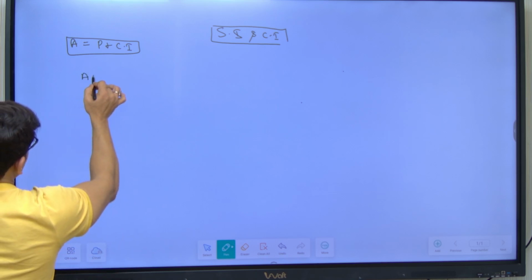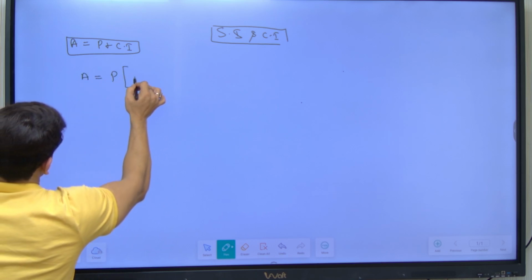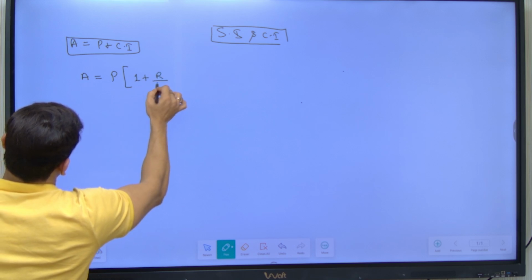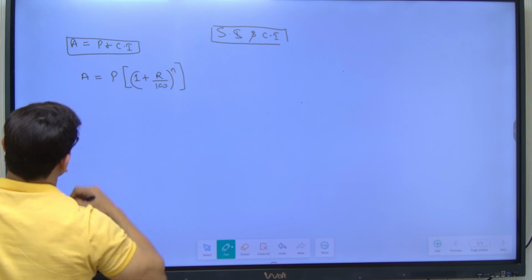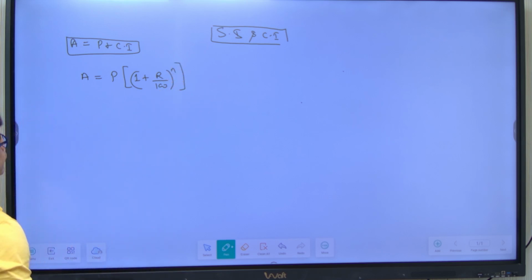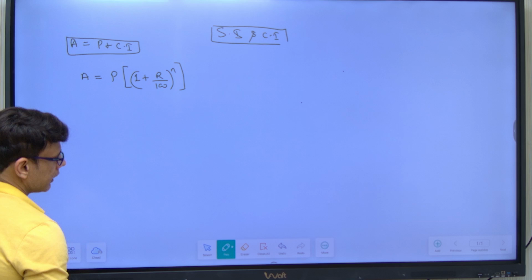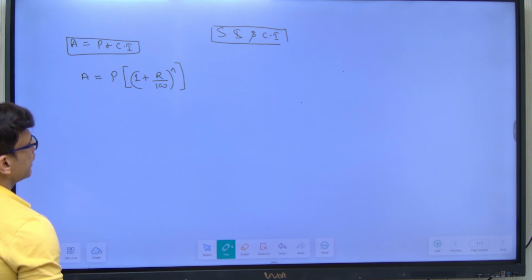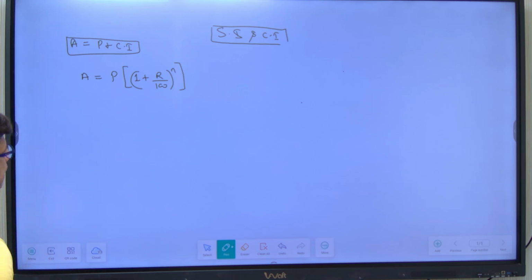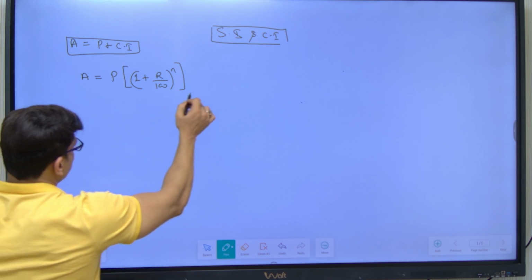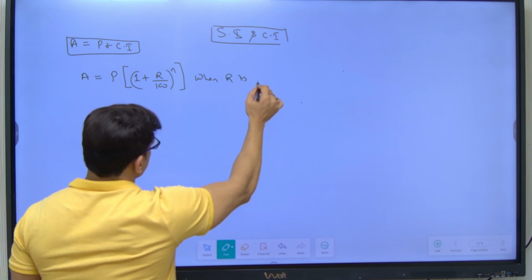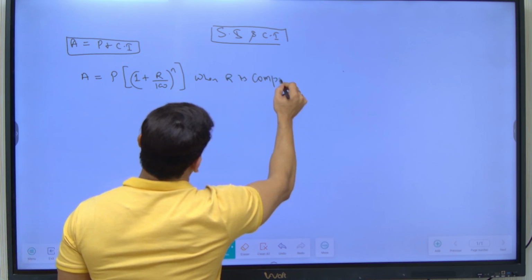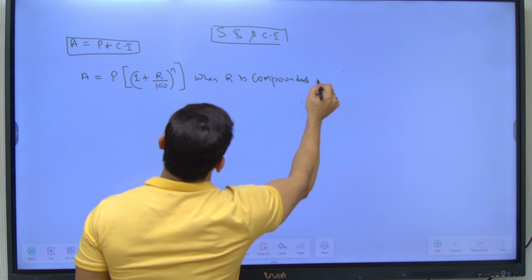The formula to find the amount is P into 1 plus R upon 100 raised to the power n, where n is the number of years and R is the rate of interest. Remember when to use this formula? When interest is compounded annually.